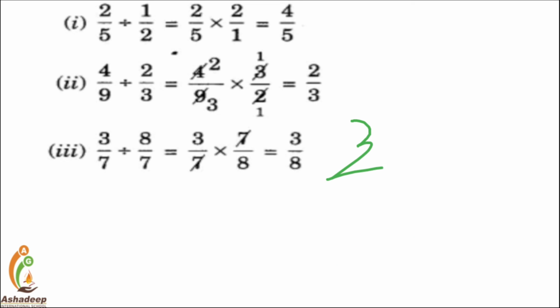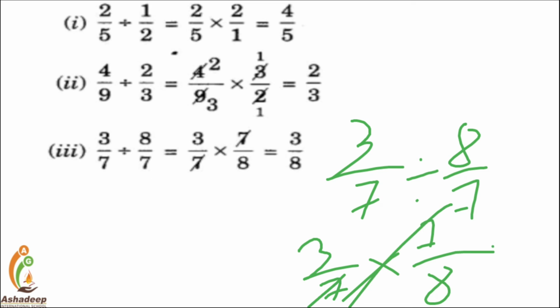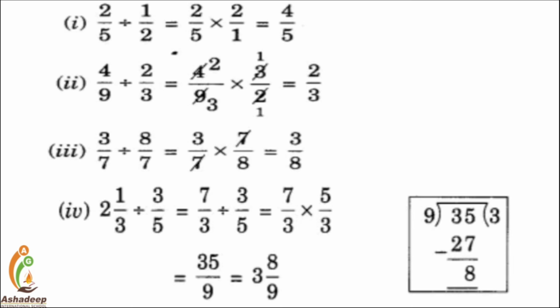Easy, na? So 3 upon 7 divided by 8 upon 7. So 3 upon 7 into 7 upon 8, the reciprocal of 8 upon 7. 7 and 7 cancel. Answer will be 3 upon 8. Got it? Then 2 1 upon 3 divided by 3 upon 5.